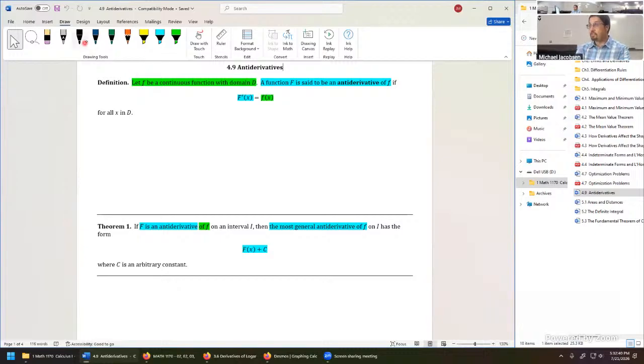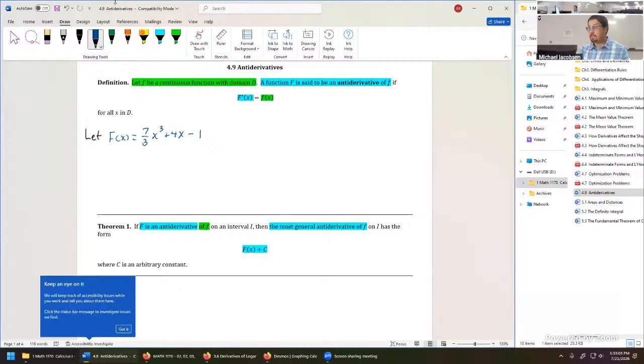Just to illustrate how the definition goes, let's start off with a made-up fast problem right here. We'll begin with the function F and say let F at x be defined by something along the lines of, how about 7/3 x cubed plus 4x minus 1, just a random function.